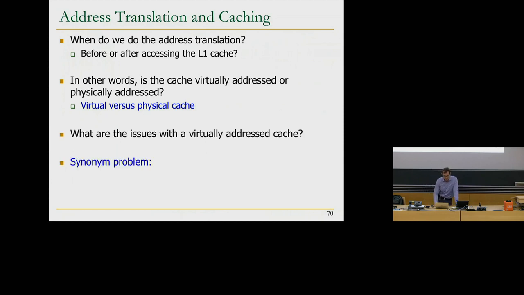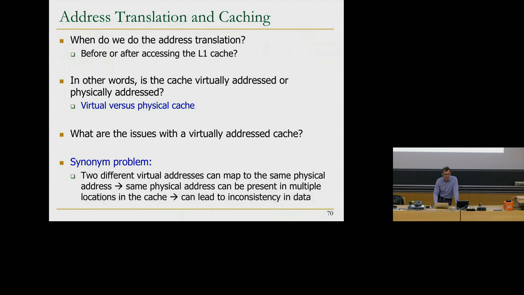So what are the issues? One issue is the synonym problem. Basically, two different virtual addresses can map to the same physical address, which means that the same physical address can potentially be present in multiple locations of the cache. Why? Because you saw the example where we shared pages between two different processes. They have two different virtual addresses, but they map to the same physical address.